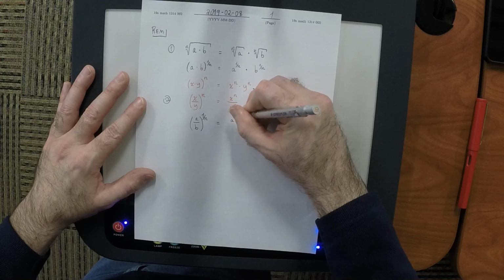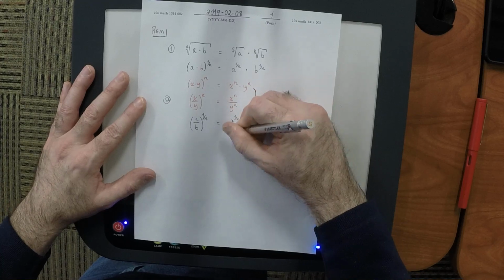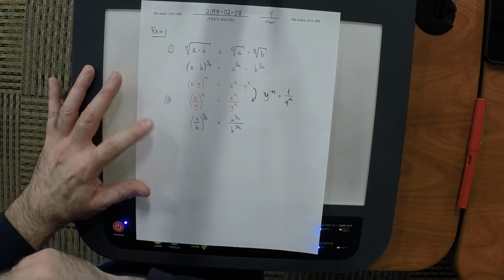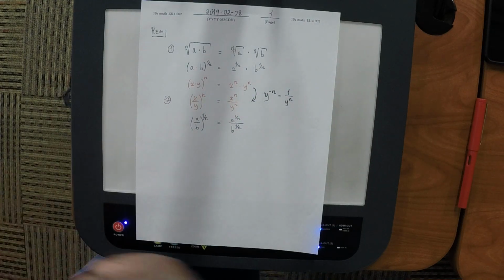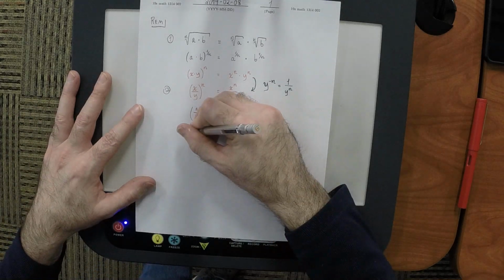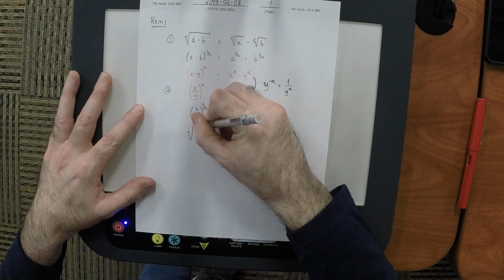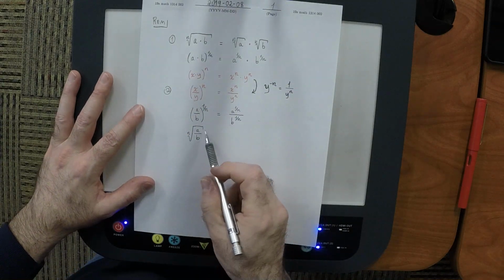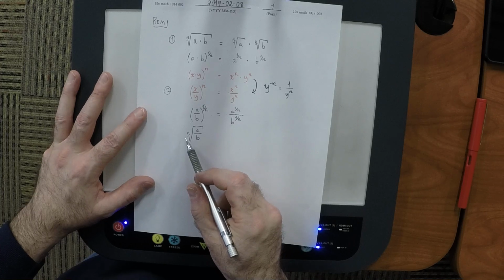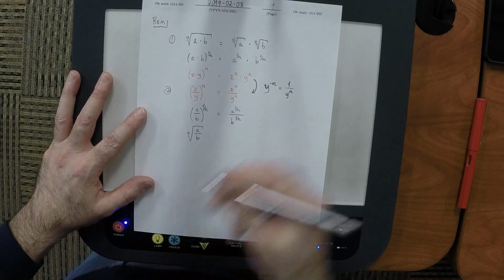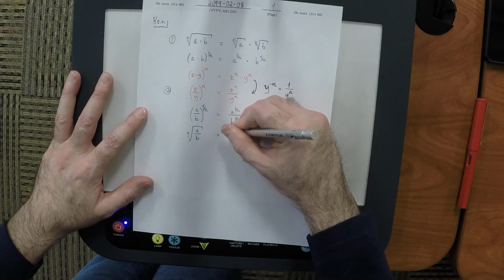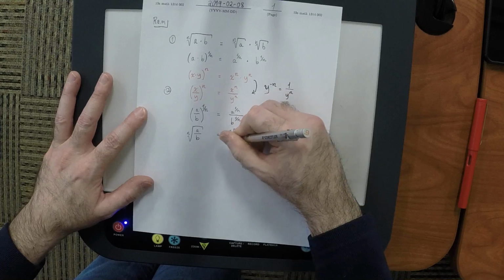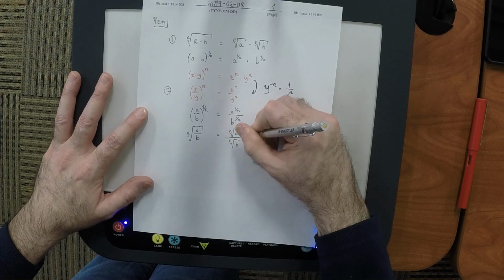Yeah, it distributes like that. And then we can write that with radicals like this. So you put a fraction inside of a radical, and the way you can deal with that is you can just do the radical of the numerator divided by the radical of the denominator, like that.